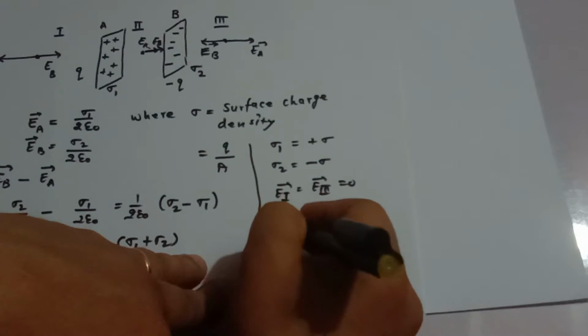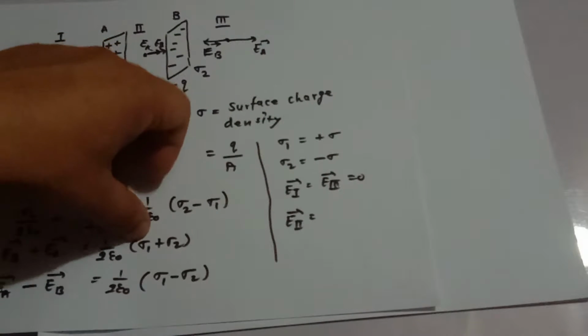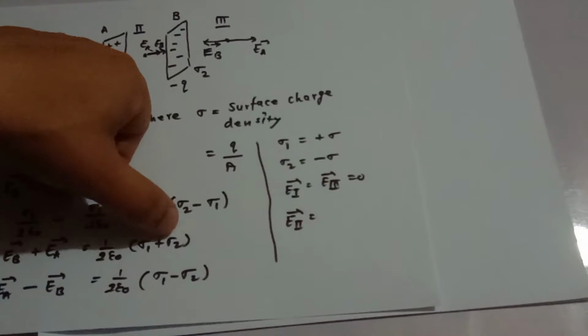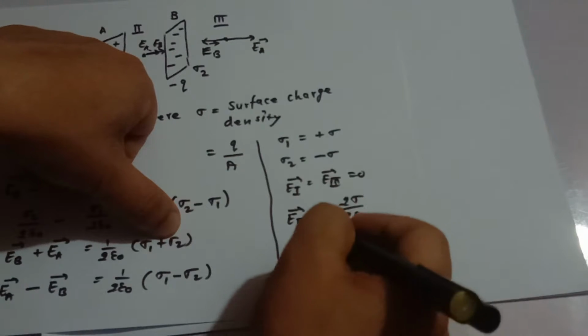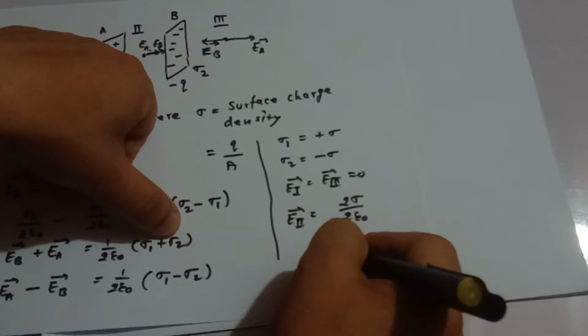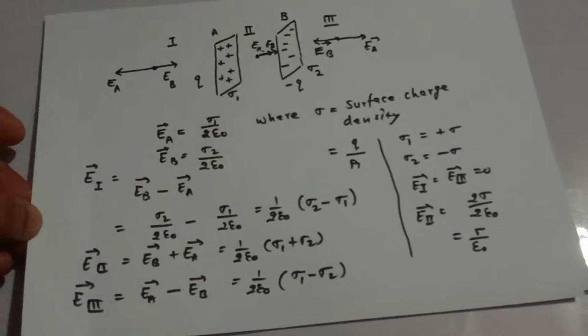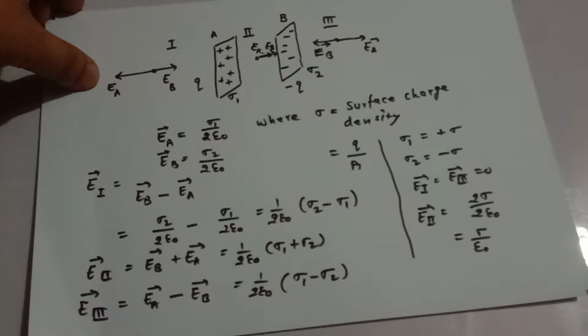The electric field in the second region, because the contributions are positive all the way, would be sigma 1 plus sigma 2, that is sigma plus sigma, so 2 sigma divided by 2 epsilon naught, which gives sigma upon epsilon naught. That is the electric field of uniformly charged sheets where one has positive and the other has negative surface charge density.